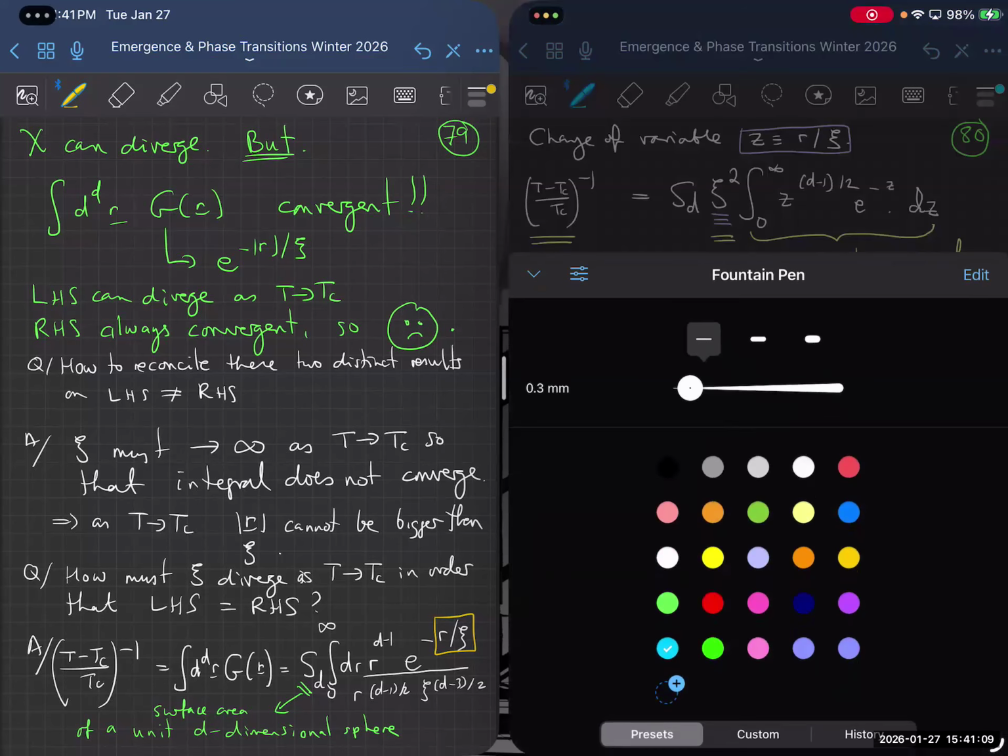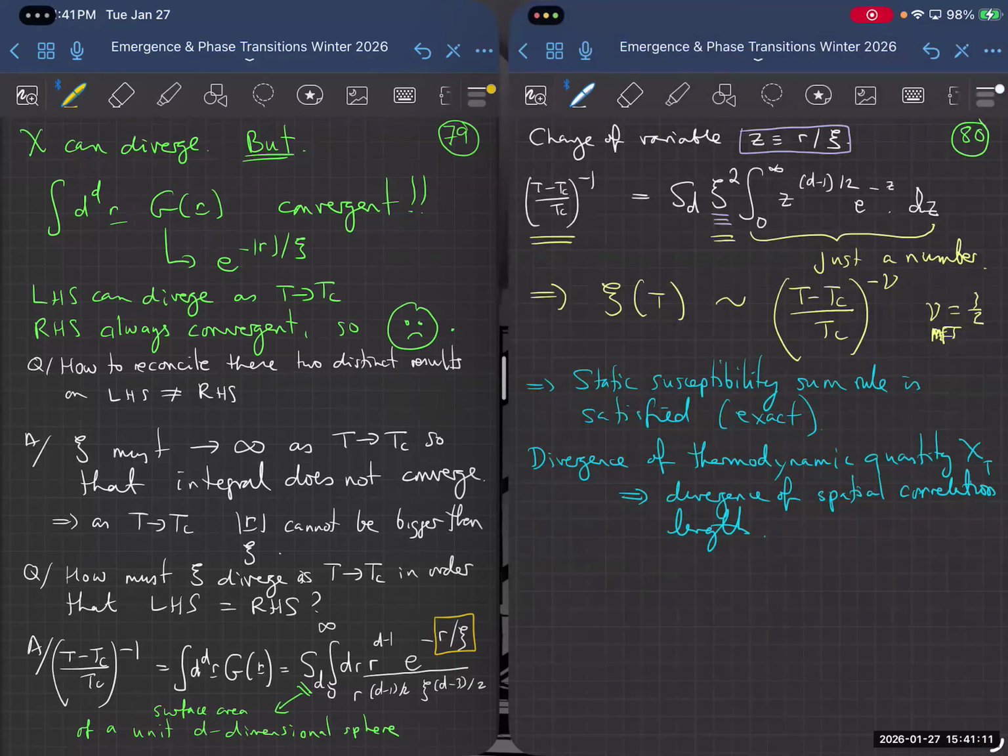Now, there's one thing that we haven't talked about. The last remaining question is what happens exactly at Tc? Well, we know it can't be exponential, and the answer is that it's a power law.